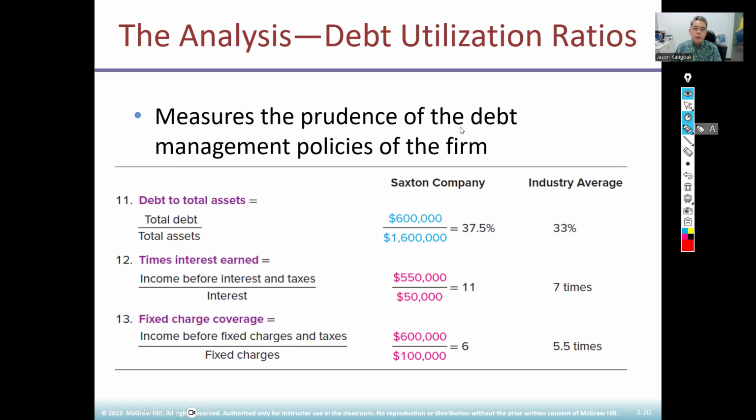Now, the other one will be debt utilization, right? It measures the prudence of the debt management policies of the firm. Think about the debt ratios, or debt utilization ratios, as something that the bankers would want to ask you as a company.